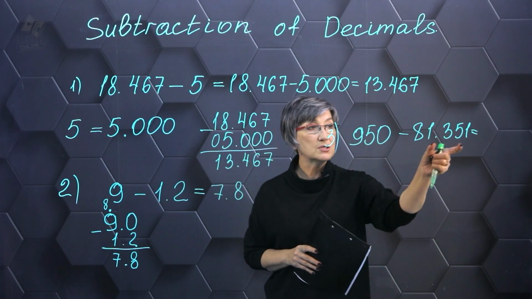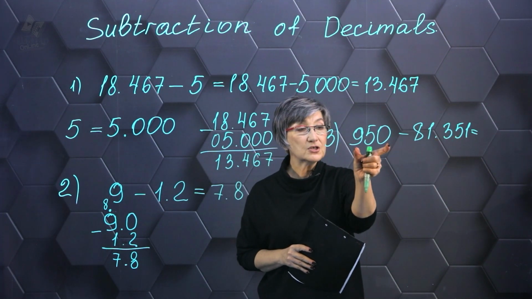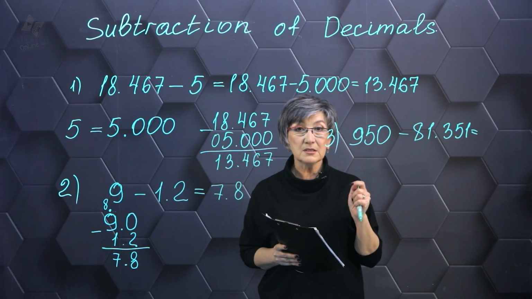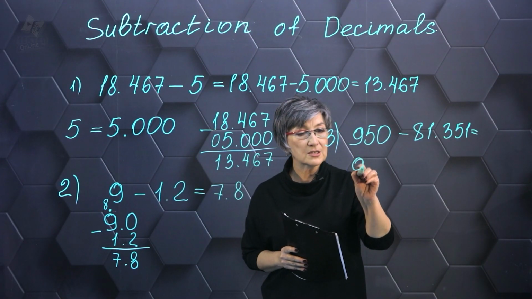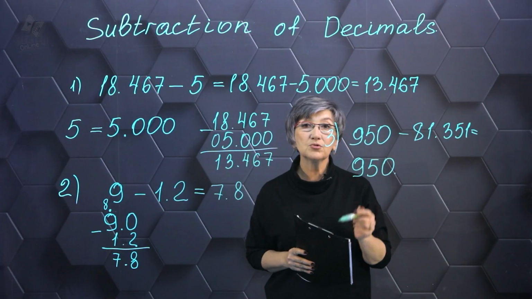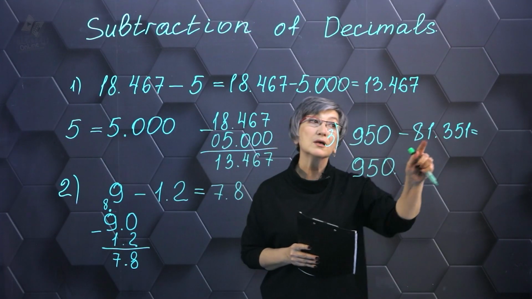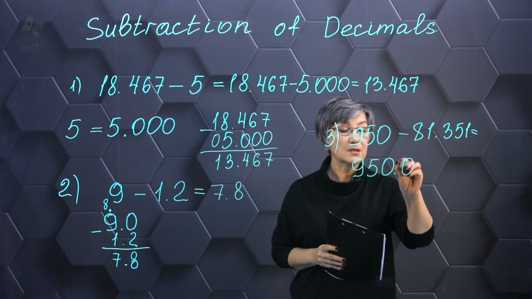Here I have 3 decimal places after the dot, and in the first number I have no decimal places at all. So what do I have to do? I write down 950 integers first. And after the dot, how many zeros should we put? 1, 2, 3. So I put 3 zeros.